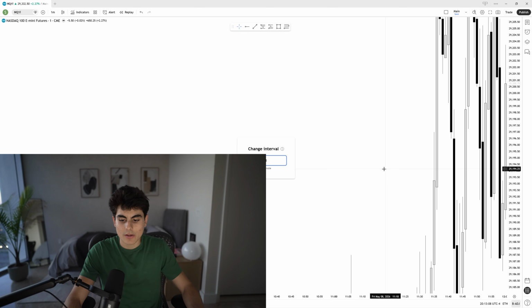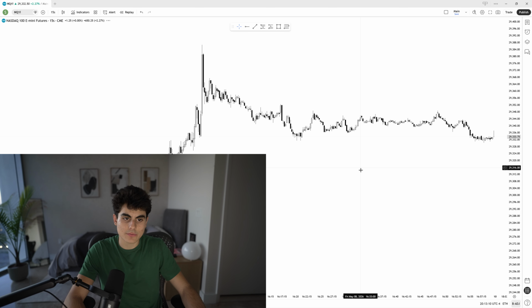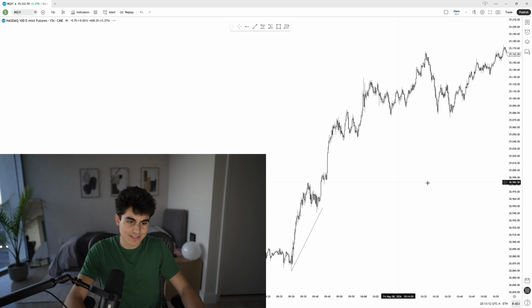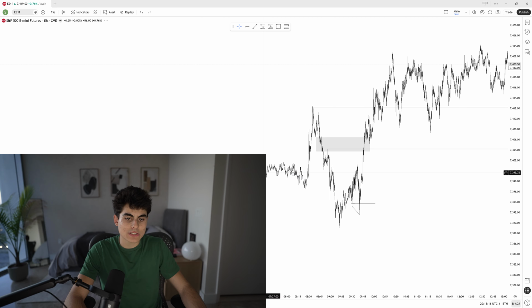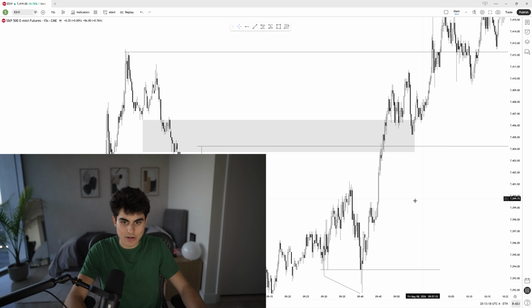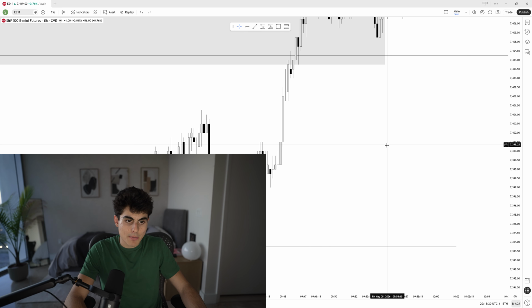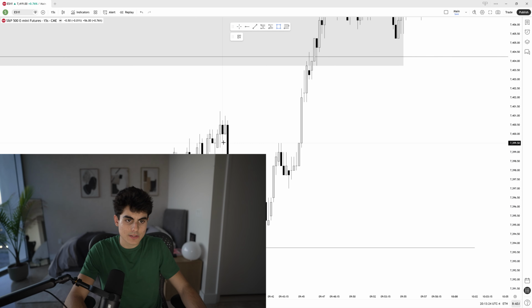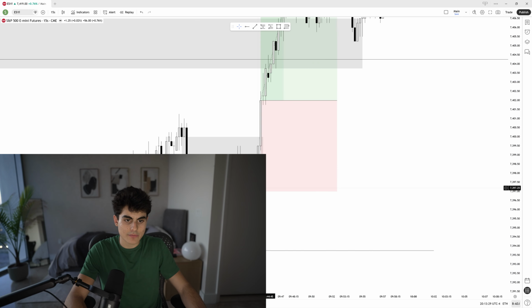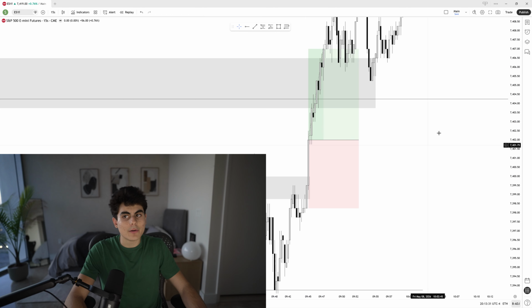So very simple, I'm going to zoom into the 15-second time frame because I want to catch a sniper entry. NQ didn't really have any entries, trust me, I already checked. The only 15-second thing in this leg down is this one. Once ES closes above it, you already know, right?